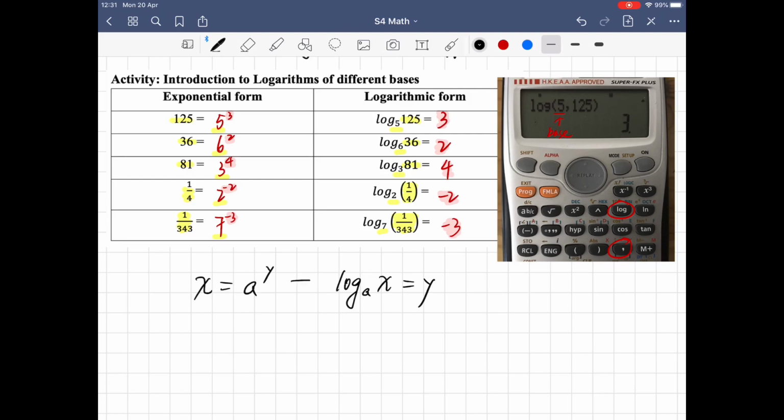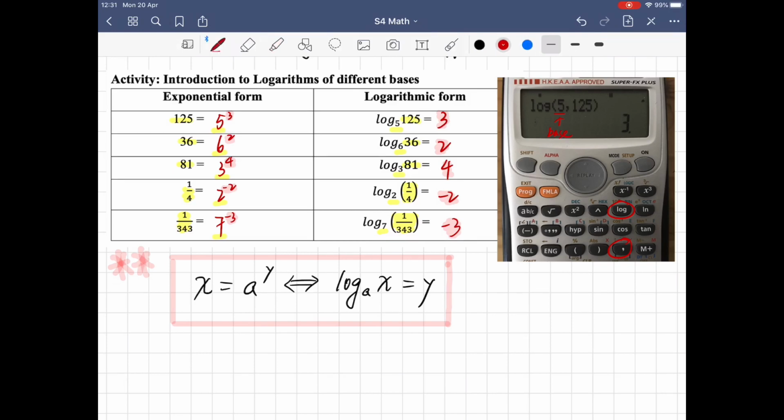Okay? So this process can be interchanged. Okay, and this is the concept that I want to bring out in this activity.